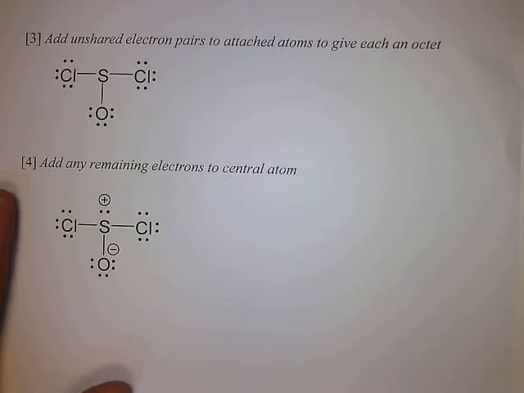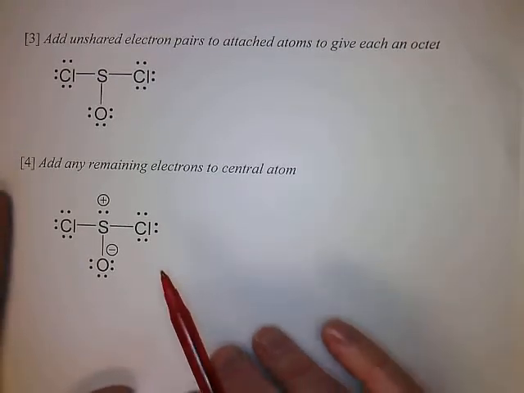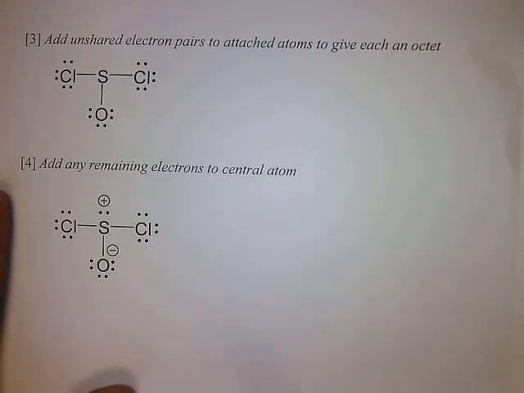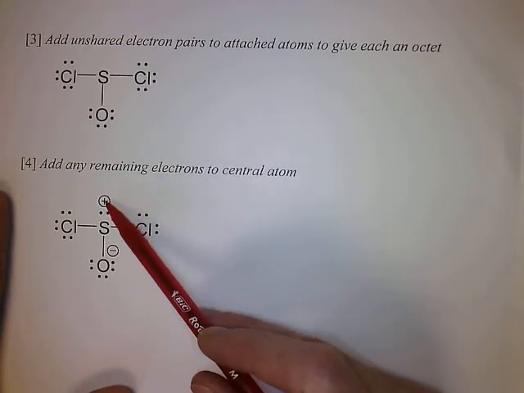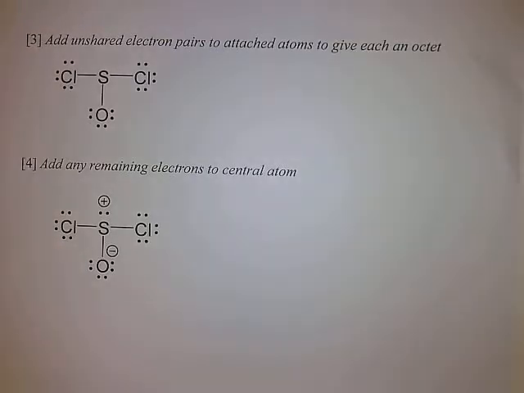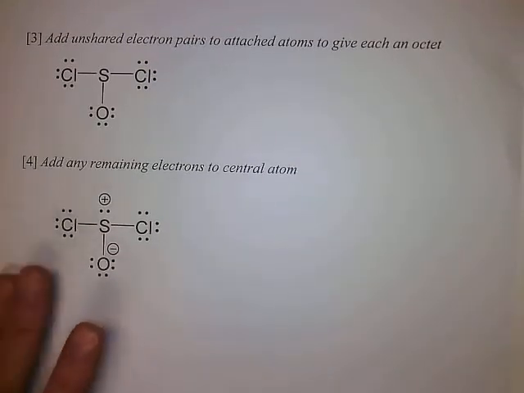We have the right number of electrons. Every atom has an octet of electrons, and if you work out the formal charges, it's positive on the sulfur, negative on the chlorine. So this seems like an okay structure. It is probably not the best one that we can draw.